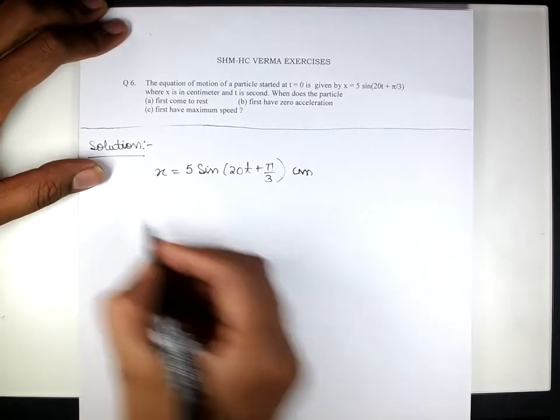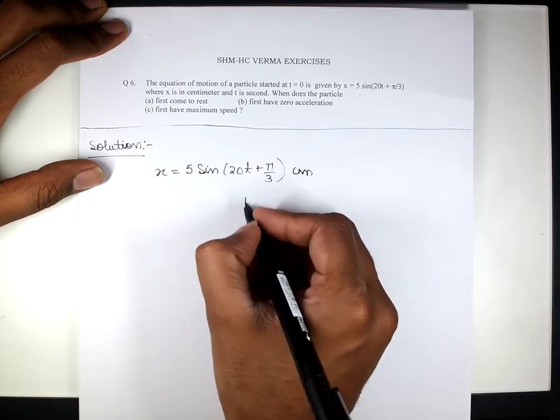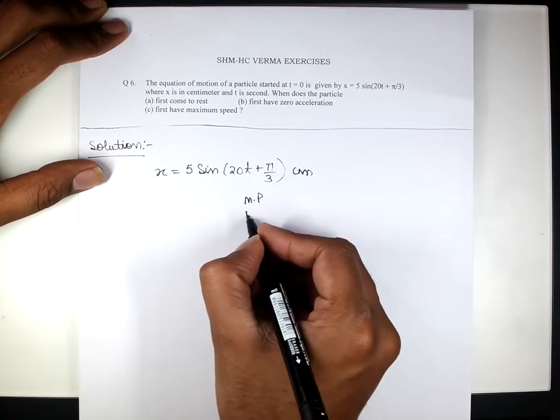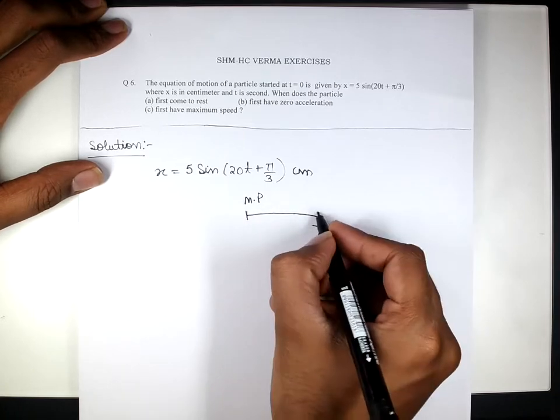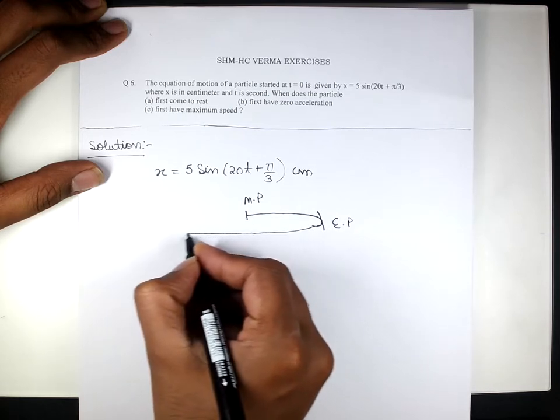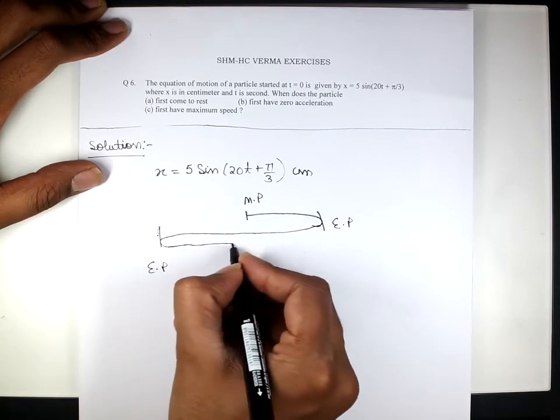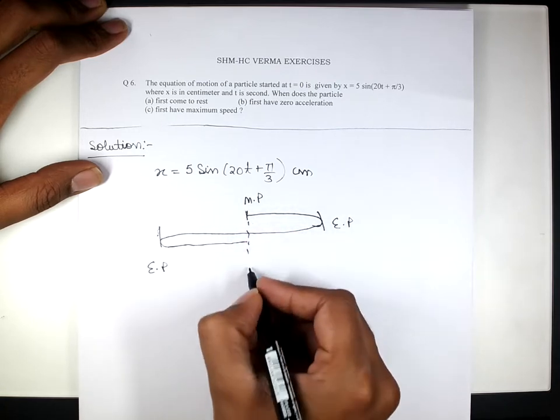If you know SHM, we'll start with this particular part. The particle might start from its mean position, go up to its extreme position, then revert back to the extreme at the other end, and then again come back to its mean position.